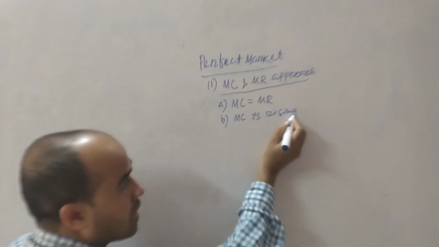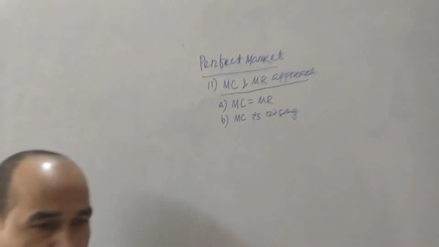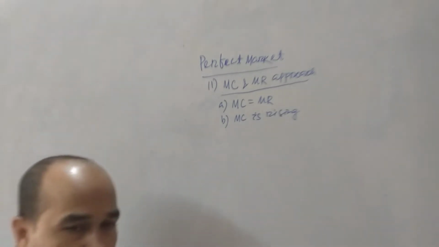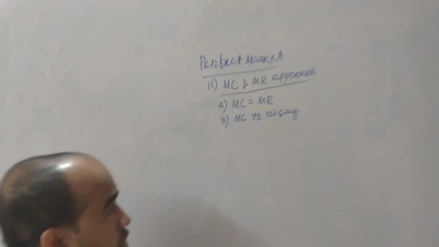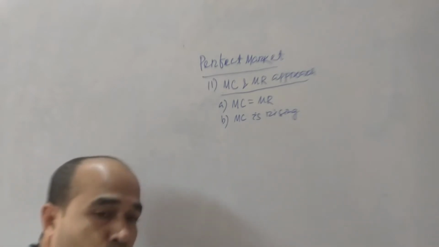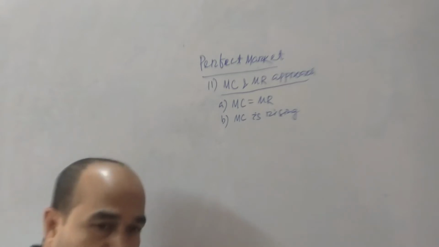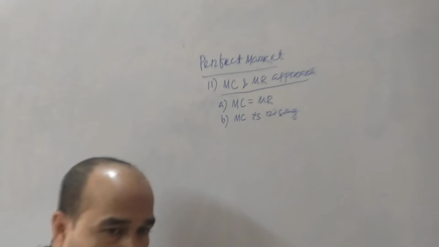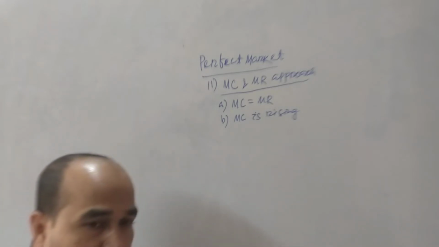Clear? Once again, for producer's equilibrium by the MC and MR approach, there are two conditions. First, marginal cost should equal marginal revenue. Second, after that equality, marginal cost is rising. To prove this, we take one numerical.